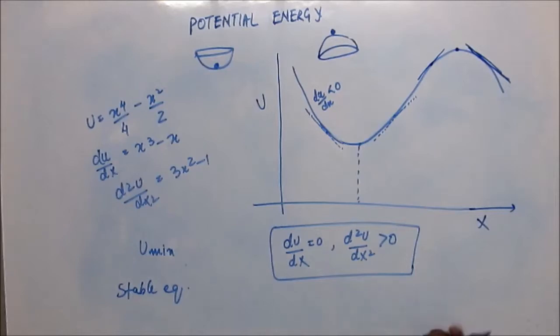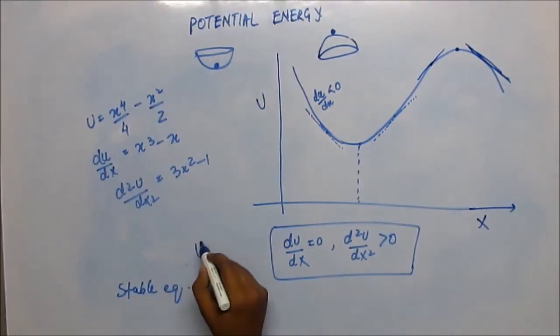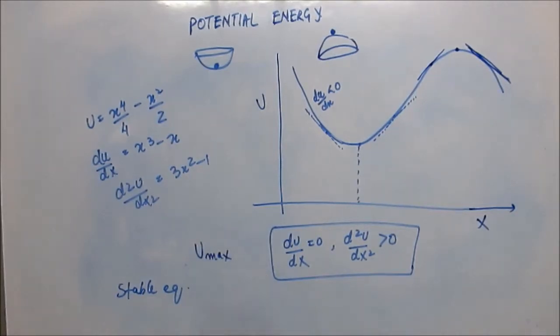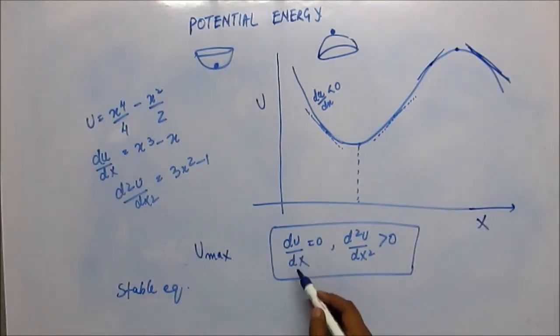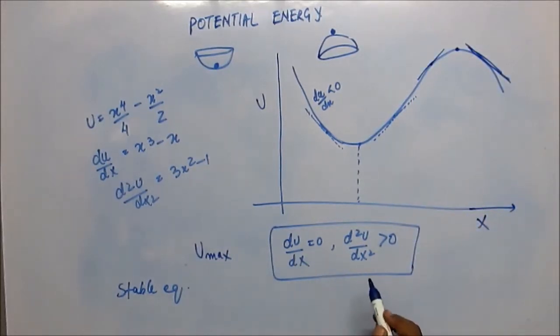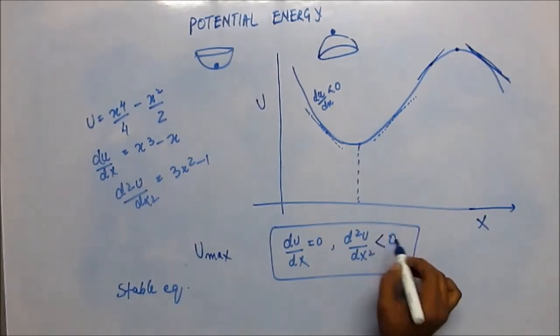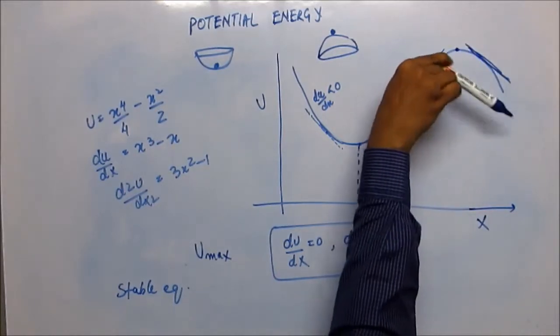So if we are going to encapsulate this condition into an equation, we are looking for the condition that the point should lie at a point at which the potential energy is maximum. Mathematically, at this point the slope of the curve dU by dx should be 0 and the second derivative of the potential should be less than 0, because the first derivative, the slope, is positive, then 0, then negative.